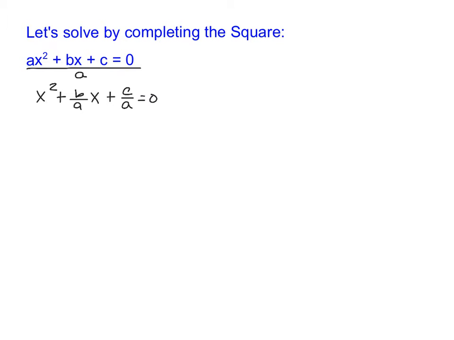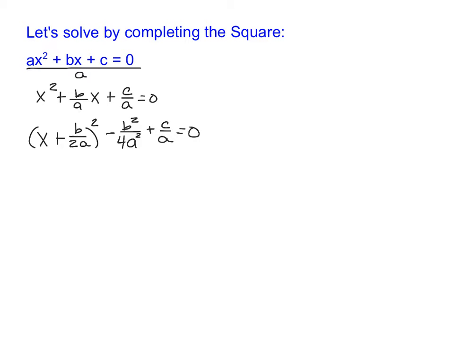So then when we complete the square, x plus half of the inside. Half of b over a is b over 2a. And then we have to subtract off the square of the inside. B over 2a squared is b squared over 4a squared, plus my c over a.